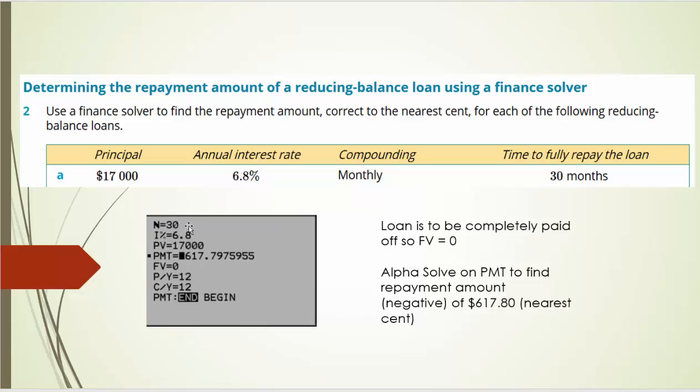N is 30 because we're doing 30 months, 6.8%, $17,000. Alpha solve on the payment, and that is the negative even though my cursor is on top of it. $617.80 to the nearest cent is the answer that you have to give to that question. Again, that's just part A. Plenty more of question 2 to practice if you pause there and then carry on afterwards.